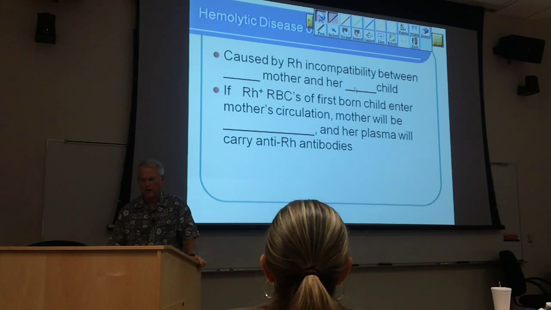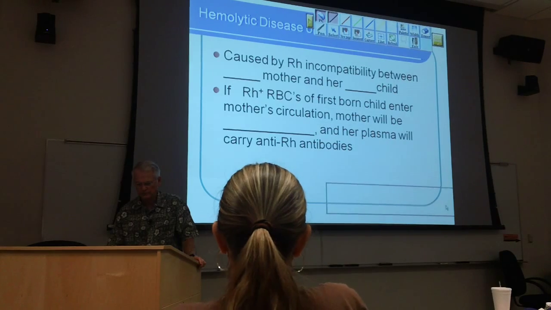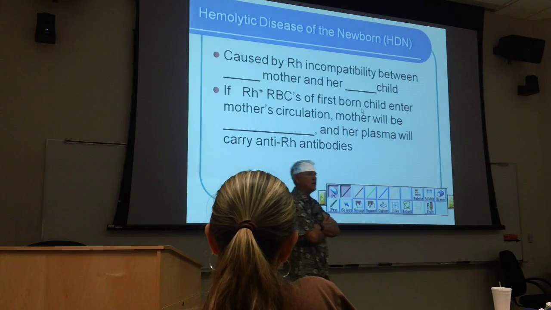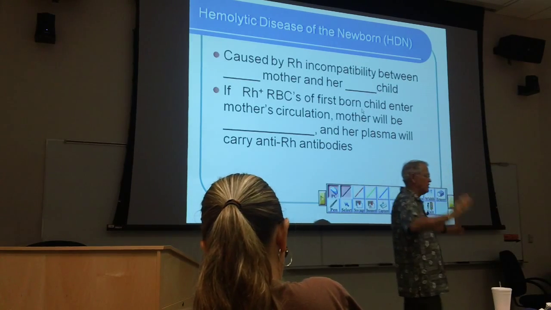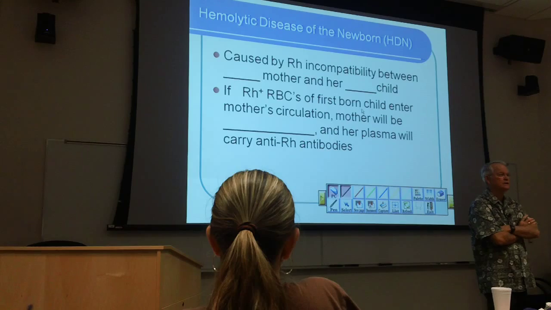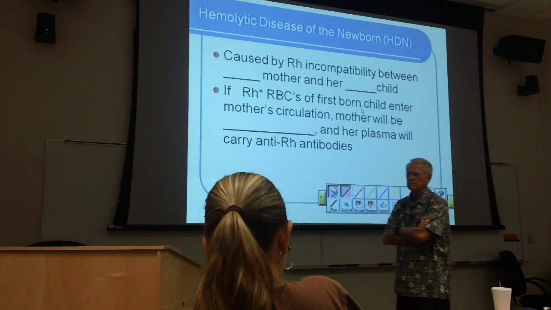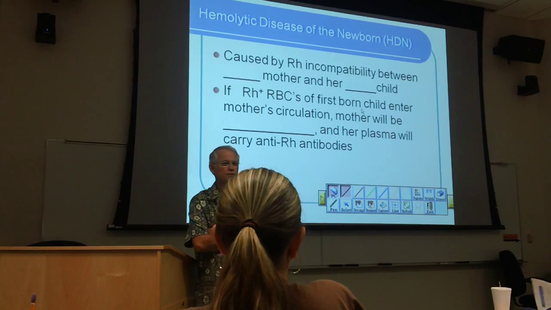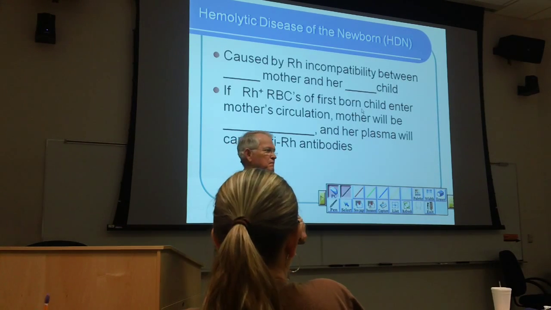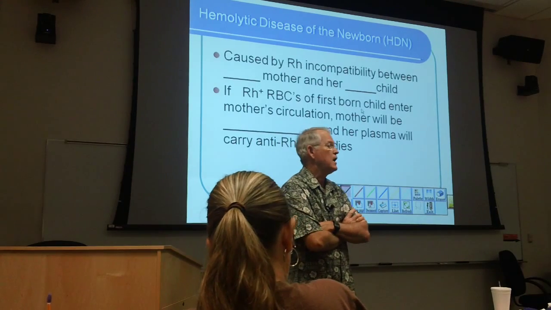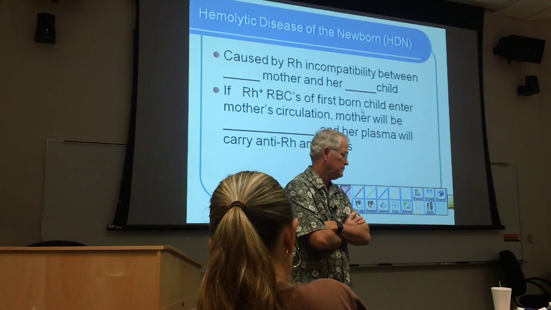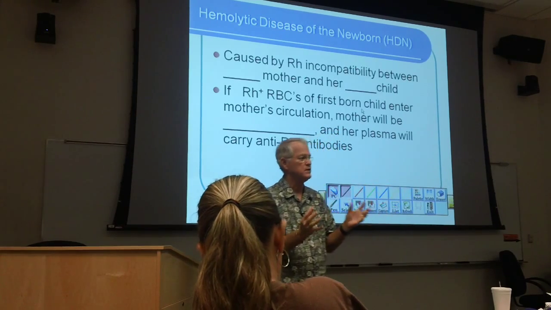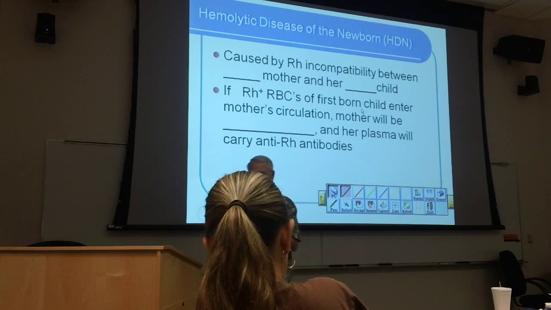Now we want to talk about a specific problem. We call it, thank God they got this name today because it used to have a name that was so long and hard to remember, hemolytic disease of the newborn. Well, we all know what a newborn is. What does hemolytic mean? Well, you could say that it means blood destroying. Lysis means to destroy or split. It destroys the blood cells, clumps them, and destroys them.